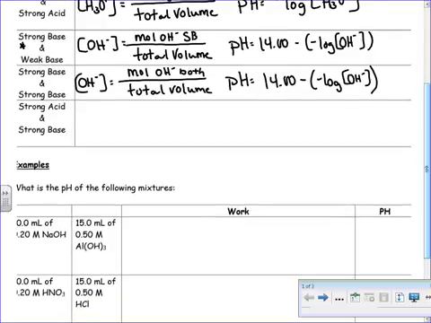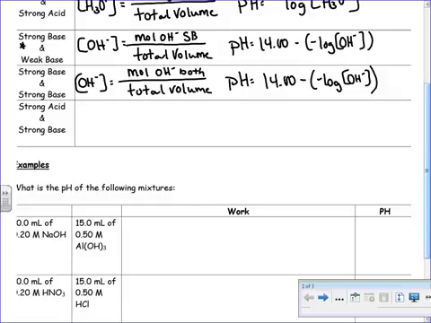Now, this last mixture, when an acid is in contact with a base, they react. We call that neutralization. So when we're reacting a strong acid with a strong base, it's going to make a salt that has a neutral nature. So the pH you would expect to be 7. So really, strong acid and strong base mixture, the pH will be 7 unless we have one of the reactants left over.